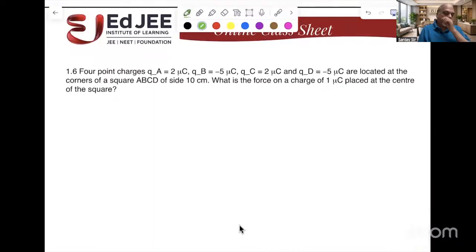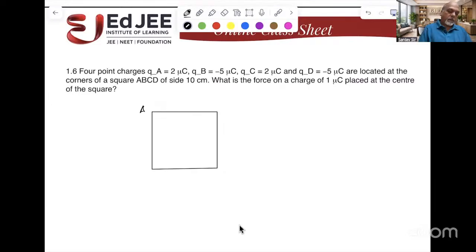Now, let us see question number 6 of your NCERT book, exercise 1, that is chapter 1. Let us draw the figure, then you can understand. There is a square ABCD.